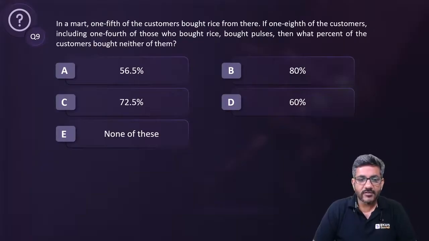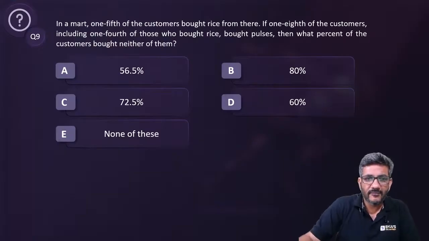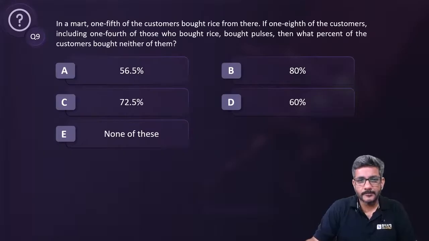After this question, I have one more question to discuss. Let's start doing it now.